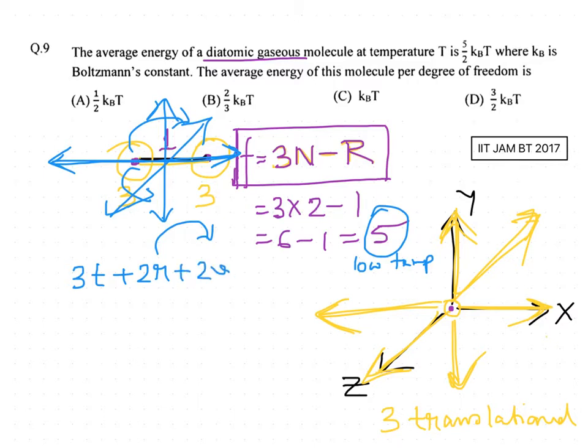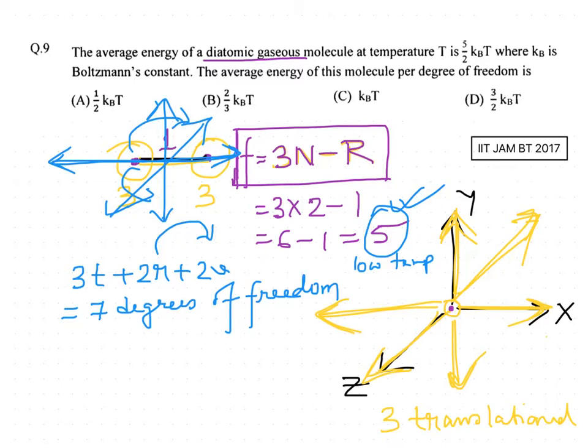So there are actually 7 degrees of freedom. But since we are talking about low or normal temperature, we should take F, the number of degrees of freedom, as 5.